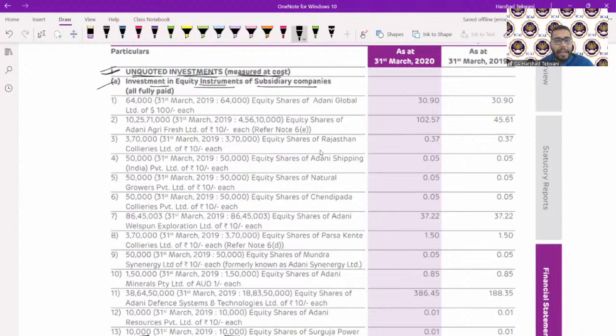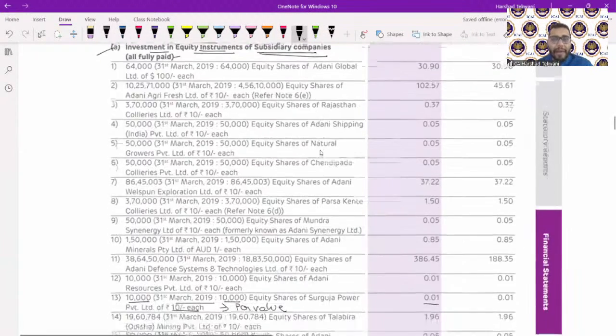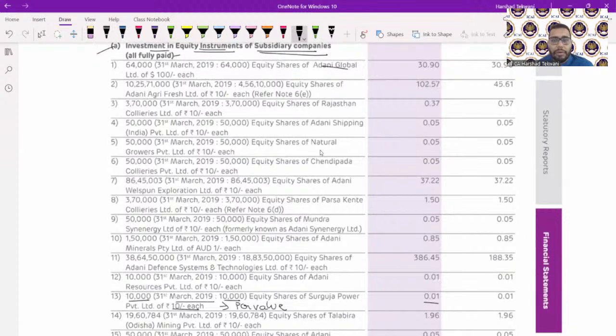Now, investment in equity instruments of subsidiary companies, I'm providing the relationship, whether fully paid up or not, and then the names of the companies. How many shares I hold, the comparative numbers, the face value and the amount. See, equity shares of this, total number of shares, face value and amount. This is how we are required to disclose the details of investment.